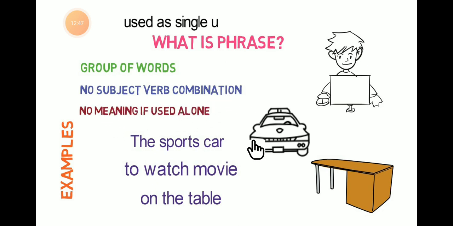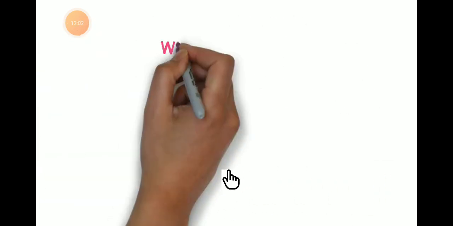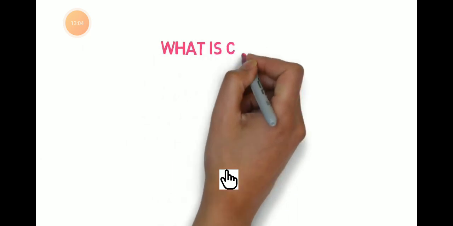It gives a meaning, but if it is alone and an incomplete sentence, then it can be called a phrase. Another point: a phrase is always used as a single unit in a sentence. Understood? So this is all about the phrase.